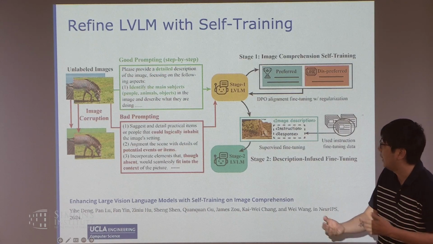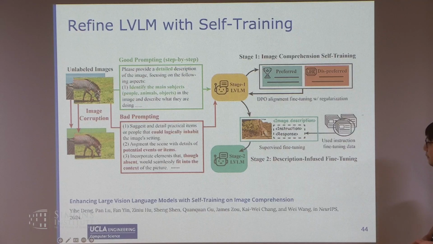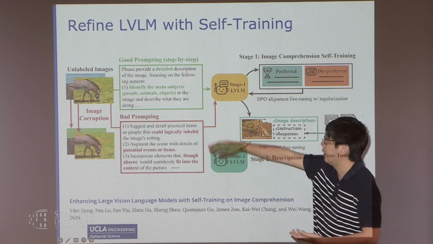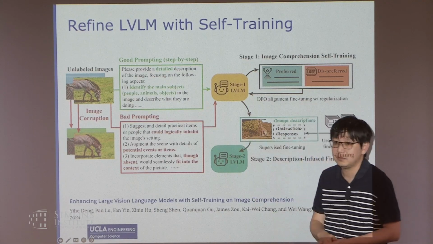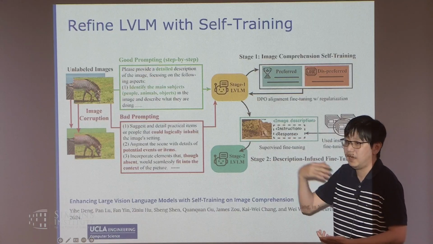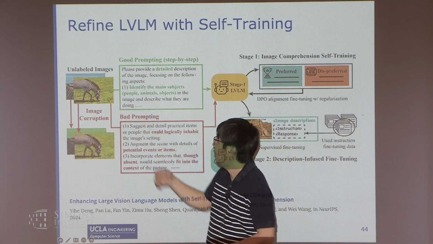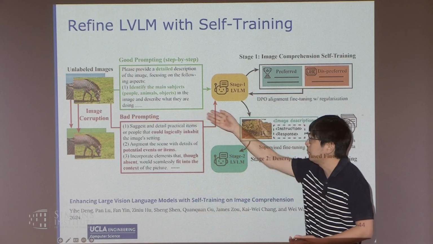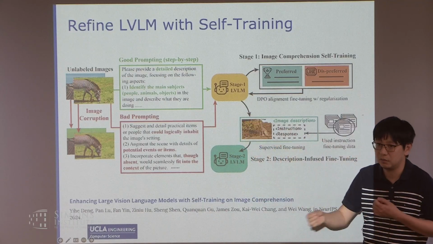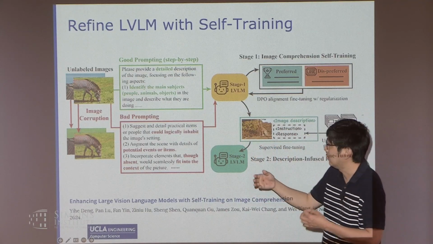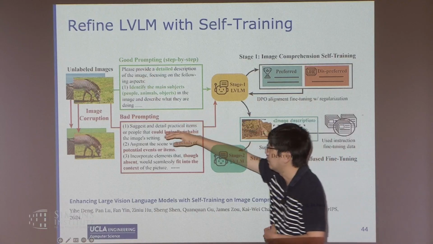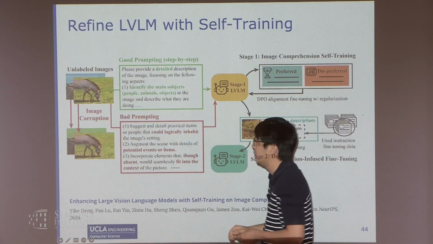You can first generate some good prompts. You query a vision language model, saying, please provide as much detail as possible describing that image. In most cases, the model can provide a detailed description, and those descriptions nicely describe what is in the image.